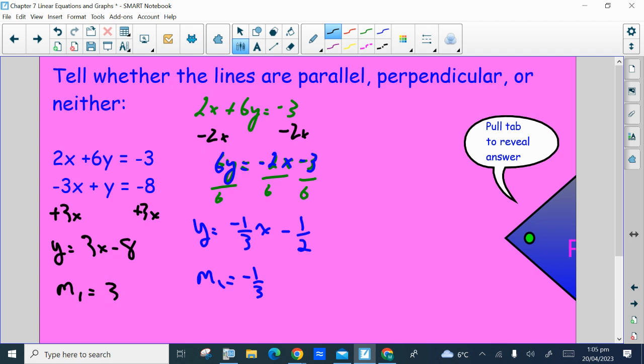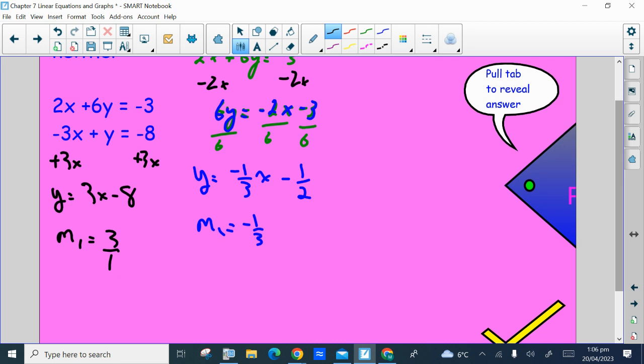Are these lines parallel, Chloe? Well, the first line has a slope of 3, the second negative 1/3. They're not the same slope. So they're not parallel. Are they perpendicular? Yes, they are. You see, the first slope is positive 3, which is the same as 3 over 1. If you flip that over and change the sign, you'll get negative 1/3.